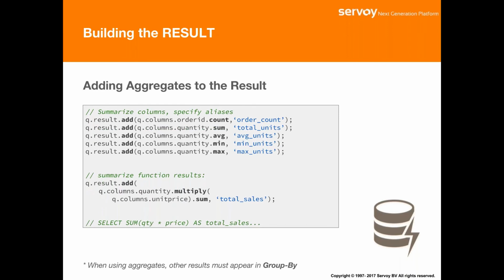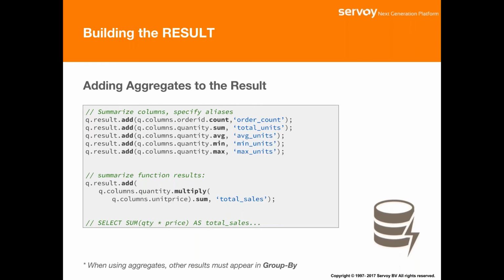You can add aggregates to the result as well. So we saw how to do that. Again, you can always alias stuff when you're adding it to the result. And we also saw an example where we did an aggregate of a function. So you can string this stuff together and call it one thing in the result.